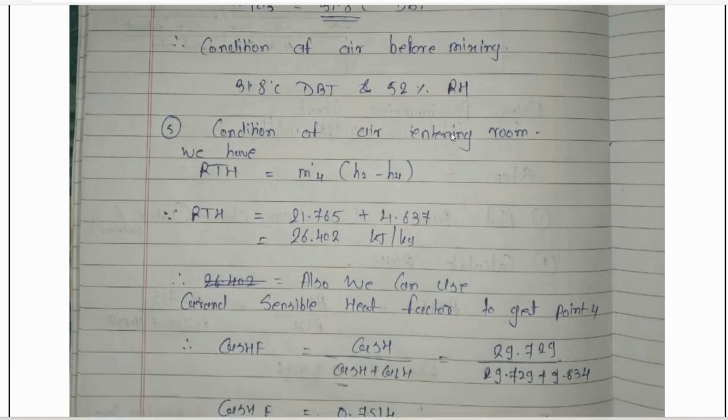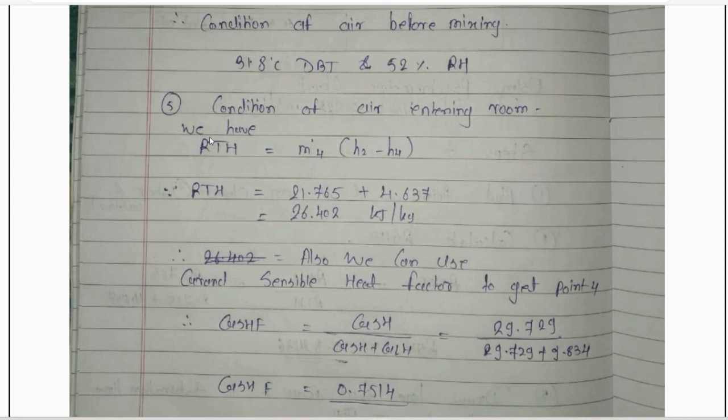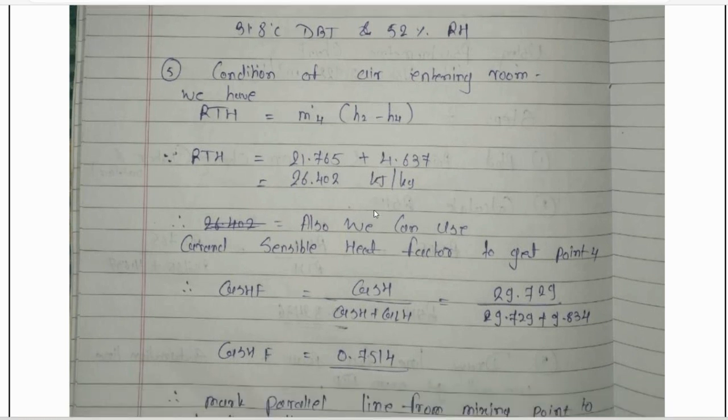Now the condition of air entering the room, which is at point number 4. Room total heat we got as M4 multiplied by (H2 minus H4). From this formula we get H4, and from this we get point number 4.